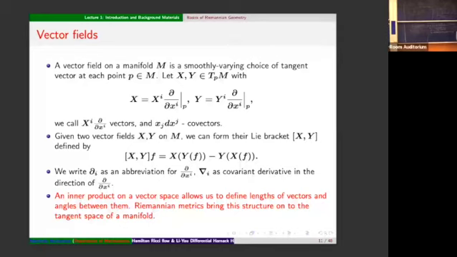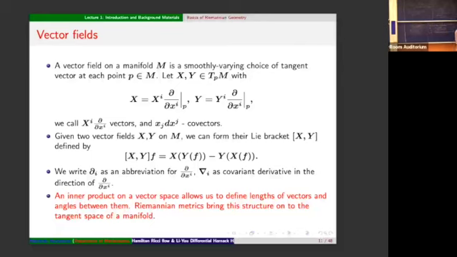Then, in abbreviation, as we move on, if I say partial i, I mean the partial derivative with respect to x_i. We have not mentioned that, but we'll say that this nabla i is going to be a covariant derivative in the direction of this partial differential operator, this vector.